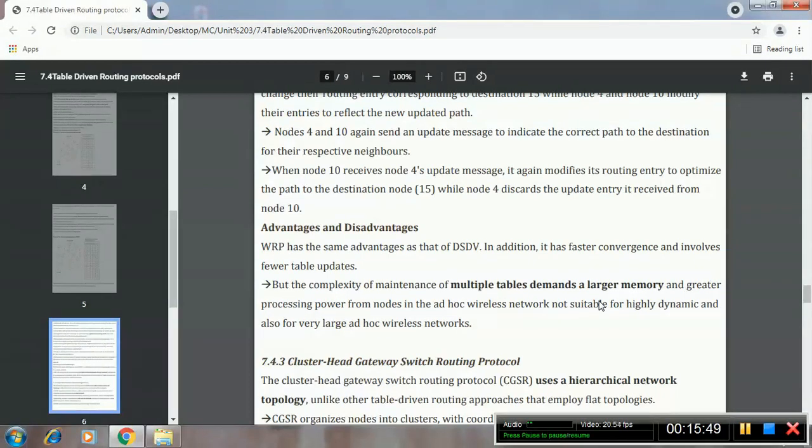In DSDV, whenever there is a link break, we just represent it with infinity, but here, without representing infinity, we are using a next predecessor value.